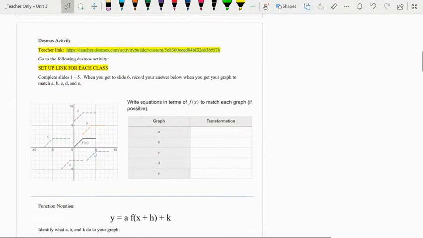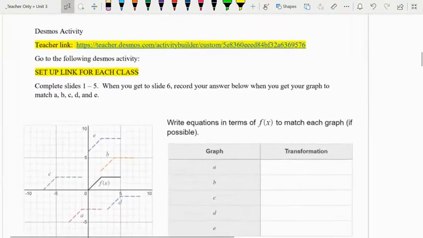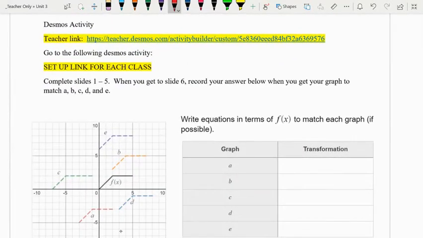So at this point, I would like for you to follow whatever it says in your OneNote. So you're going to have to go to your page, and there will be a link for your class here, okay? And you're going to pull up this Desmos activity, and you're going to follow the instructions for it. It's very, very important that you try these out and you try to make some sense of it before you come back, okay?